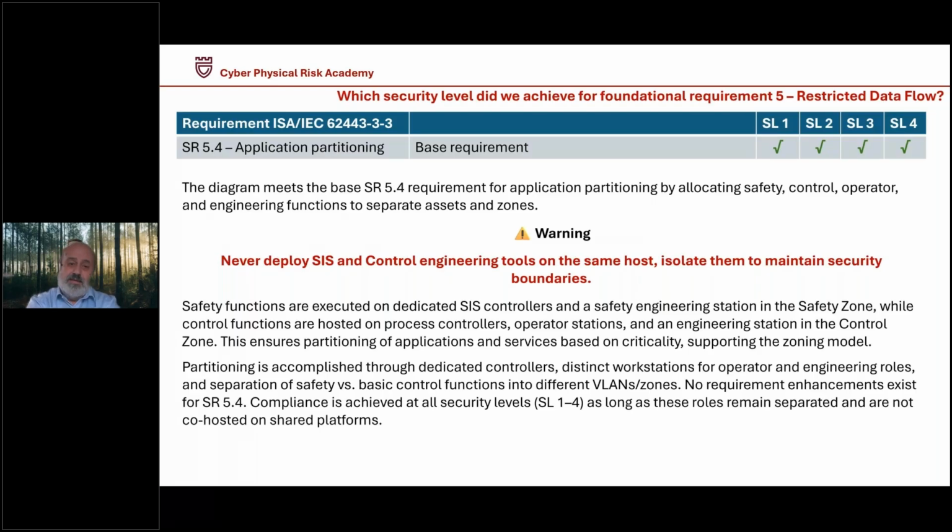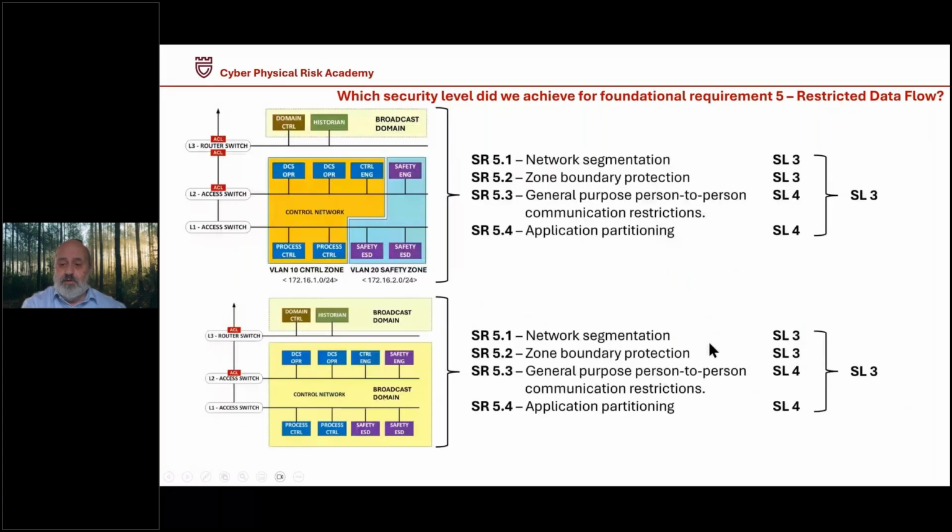Well, in that case, you kind of violate this BPCS/SIS separation, because a hacker could access that engineering station, and from there might compromise both the control system and the safety system simultaneously. So, roughly speaking, both have security level 3. This is the overview.